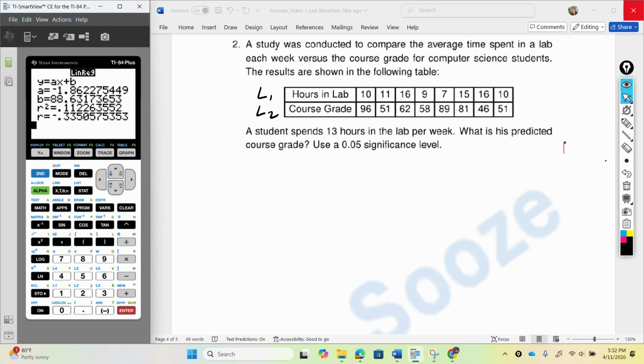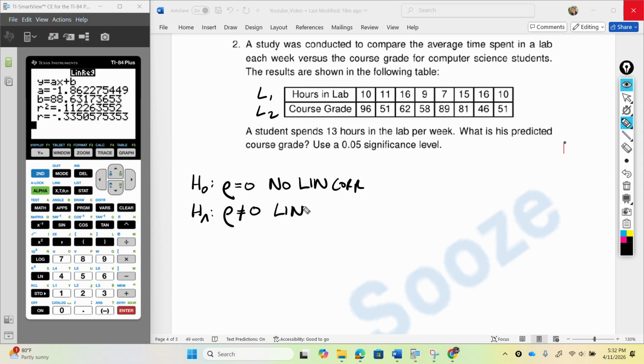Okay, so remember, what is the null hypothesis? The null hypothesis is that your population correlation coefficient is 0, which means there's no linear correlation. And the alternative hypothesis is that your population correlation coefficient is significantly different than 0.